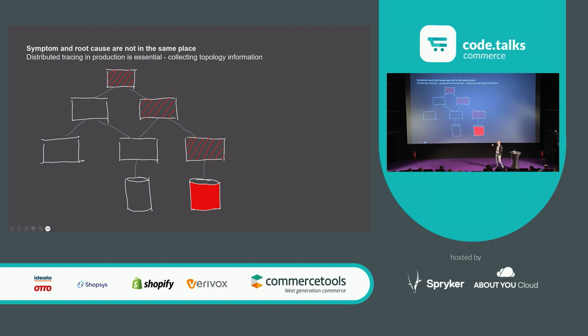Every time a user hit our page, that thread would wait 15 seconds for the DTD, and then our thread pool would fill up, and we would not be able to accept new requests. That's really hard to find if you don't have some possibility to find out how these things are connected through the stack. So if you're not using distributed tracing, highly recommended, and there are good open source tools that do that now too.